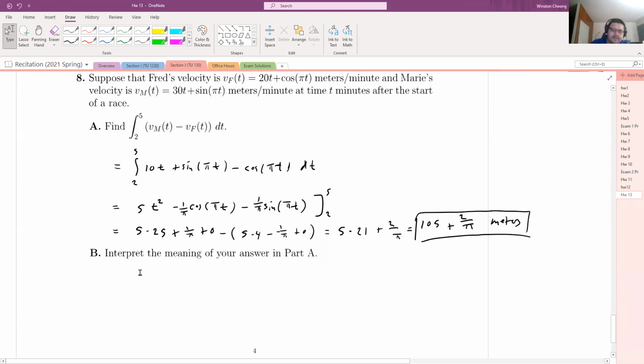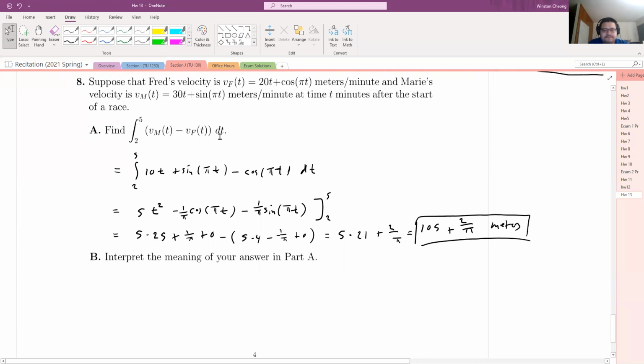Okay. Now for interpreting, what is this integral actually measuring? Well, these individual differences are measuring, I guess, the difference in position from Marie to Fred. And when you're integrating over time, it's like you're comparing the two different endpoints in time.